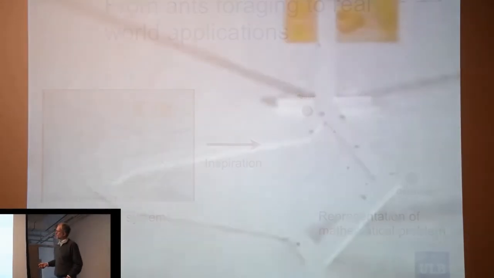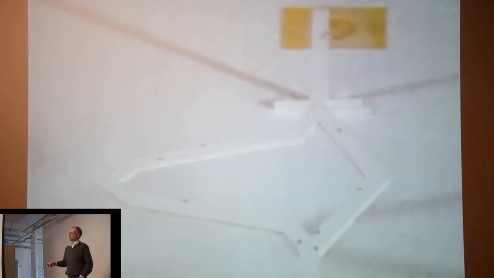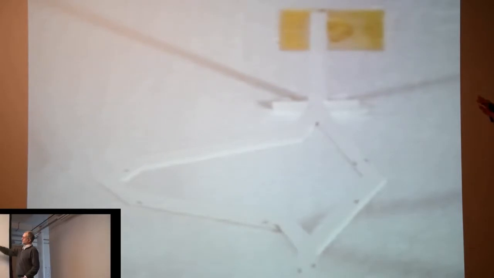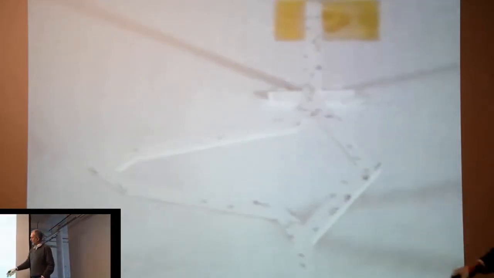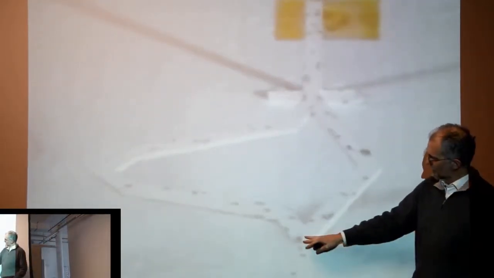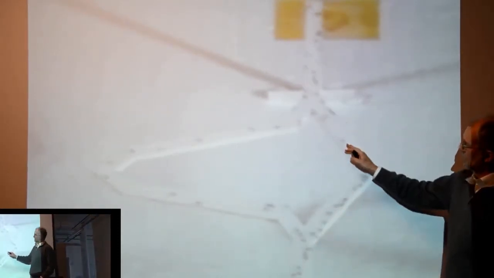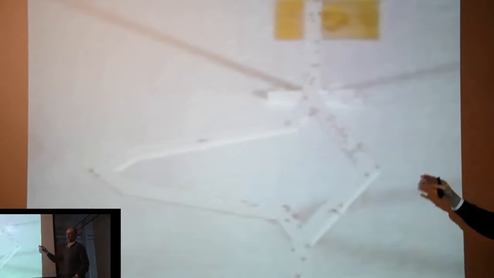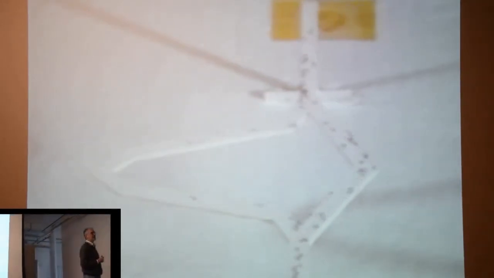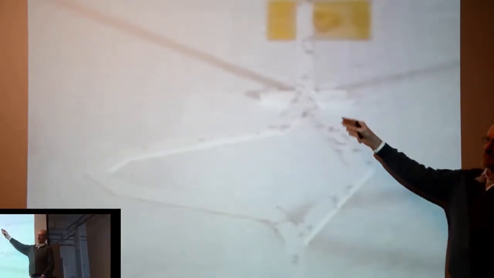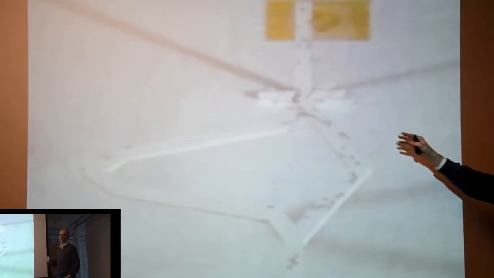There is a nest of ants down here, and the food source there. And the ants can reach the food source using this double bridge. When they reach this decision point, they can choose whether to go left or right. These ants are basically blind, so they have no idea about the topology of the double bridge.